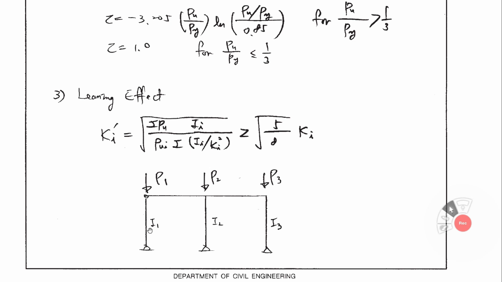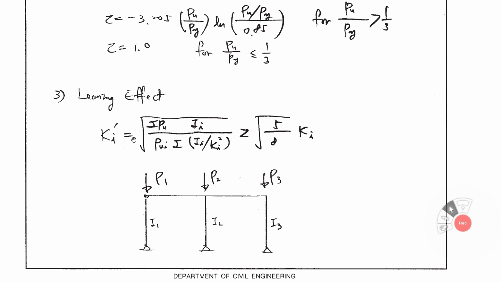So this column has no resistance to lateral sway. This column is leaning on the stiffness of the center and right-hand side columns. Yeah. That is a leaning effect. So these two columns share some burden of this column. That kind of leaning effect can be calculated.